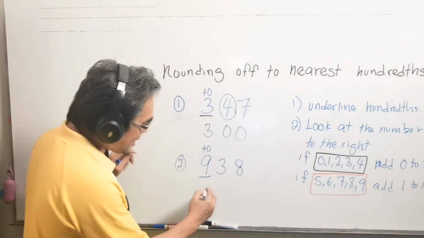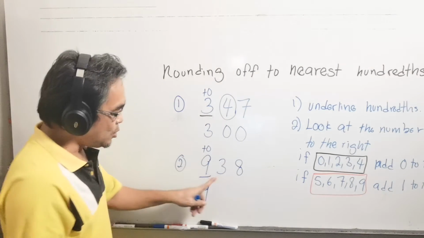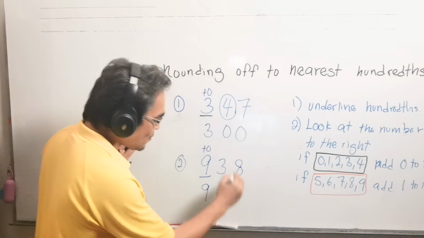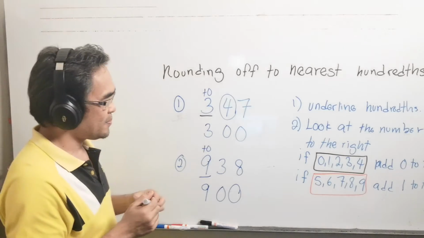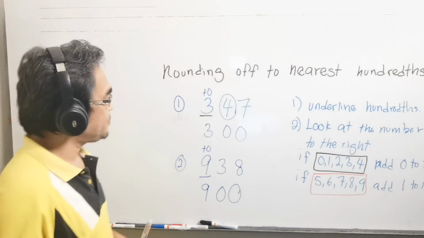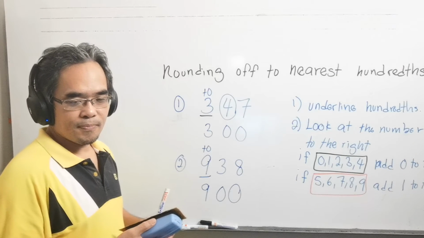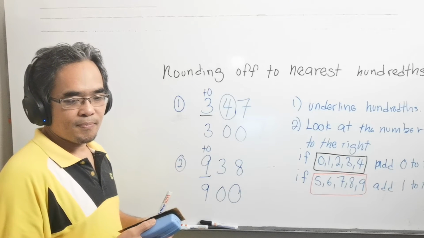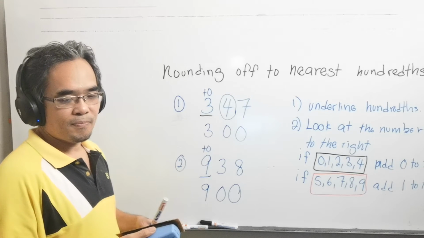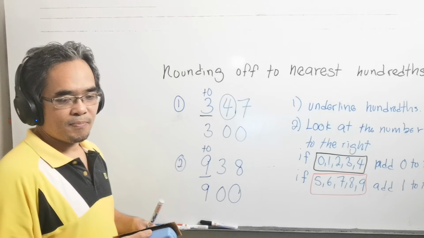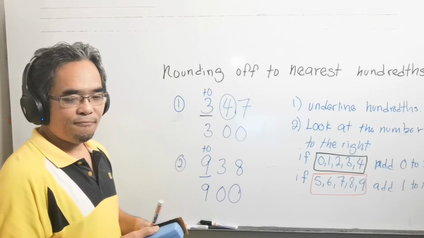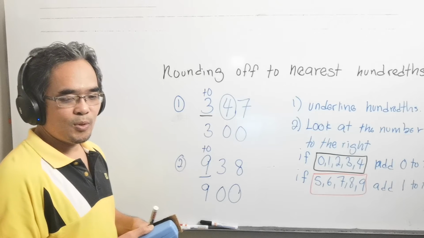So 0 plus 9 is still 9. You change these two numbers to 0. Ask if you need help. You need to understand.